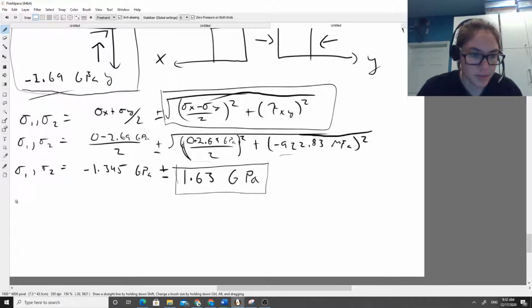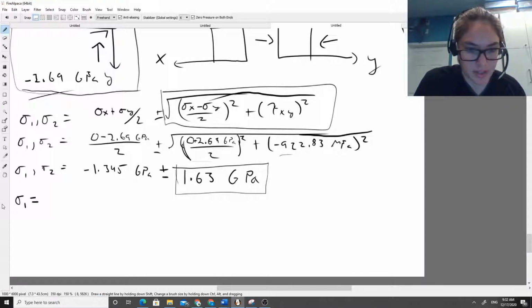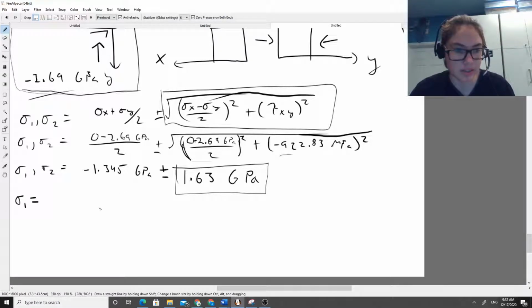As for our principal stresses, stress 1 is just going to be negative 1.345, we'll say minus 1.63. That's going to give us our stress 1, which is going to be equal to negative 2.975 gigapascals.